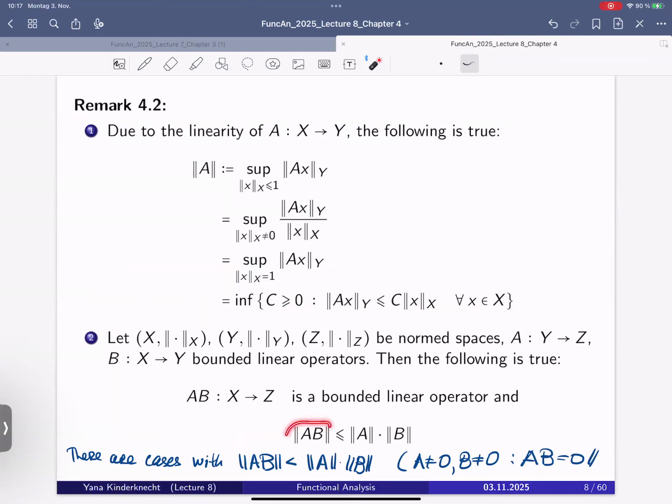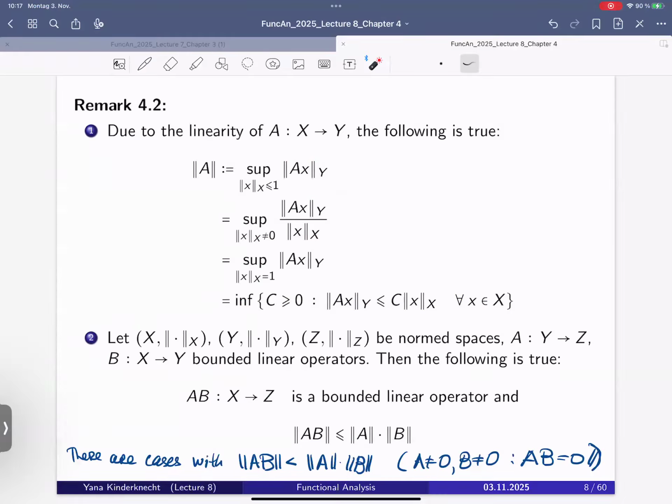Then on the left-hand side you have zero, and here you have something strictly positive. For example, one can consider a Hilbert space and orthogonal projections onto different subspaces which are orthogonal to each other. A composition of two orthogonal projections onto two subspaces which are orthogonal to each other will lead to a zero operator.